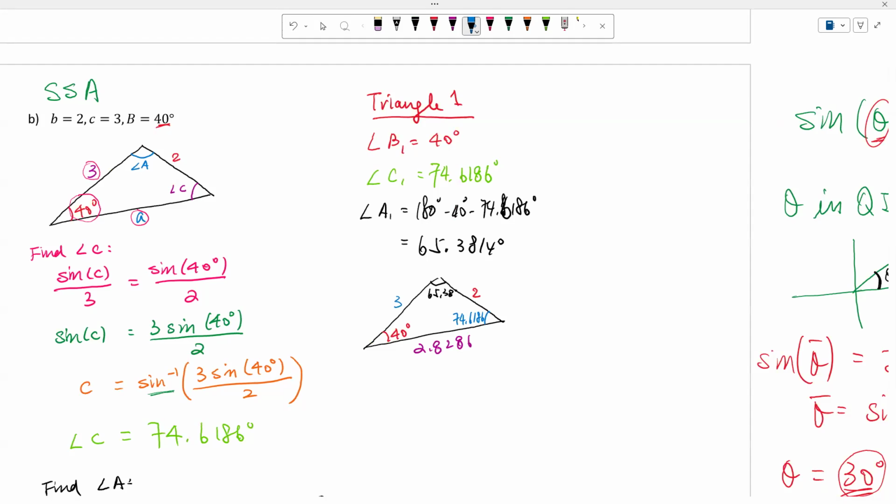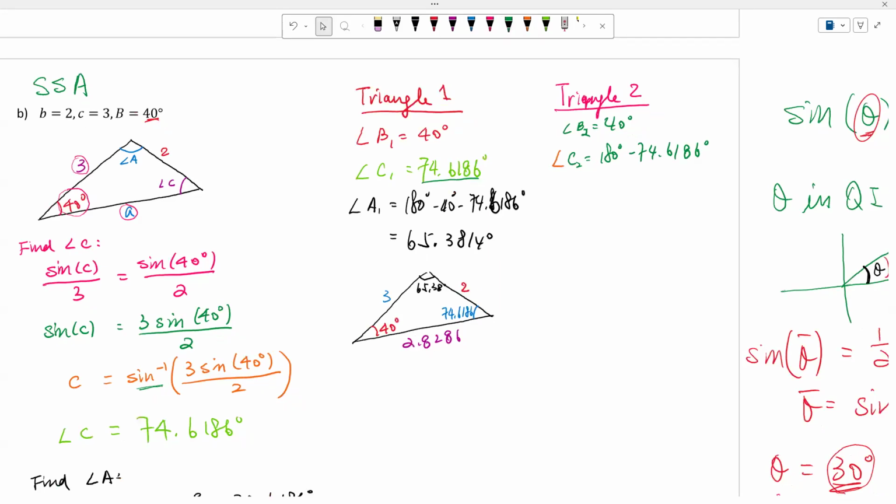Now let us work with triangle number 2. In this triangle, again, my B sub 1 is the same. But in this case, my C sub 1, oh, I'm sorry, C sub 2 now, because we are working with triangle 2 here, will be 180 degrees minus 74.6186 degrees. Again, why do we have these solutions?